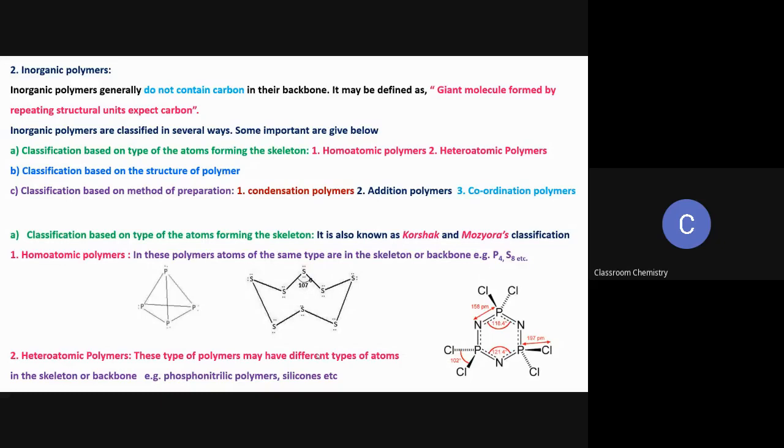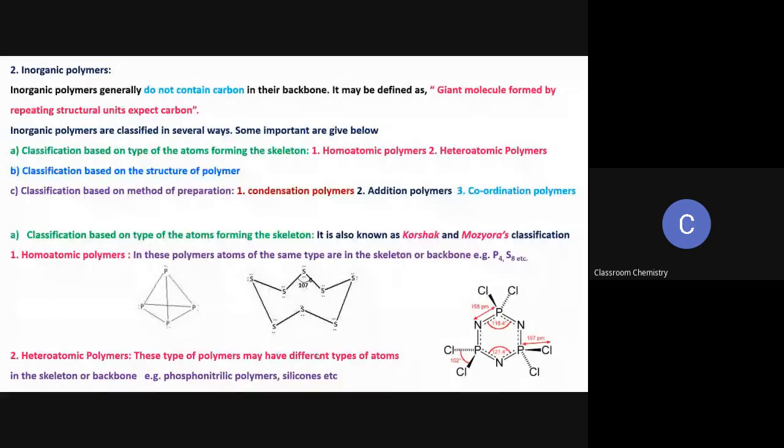Like organic polymer, all of you know that there are only two types of classification based on method of preparation: addition polymer and condensation polymer. But in case of inorganic polymer, based on preparation, they are classified into condensation polymer, addition polymer, and coordination polymer. So these are the basic classifications of inorganic polymer.